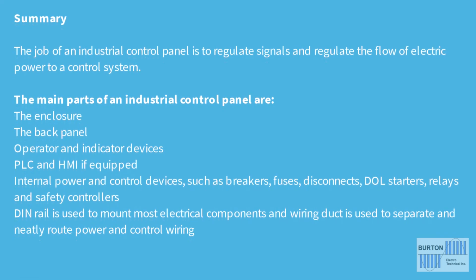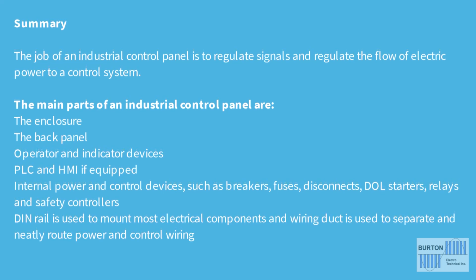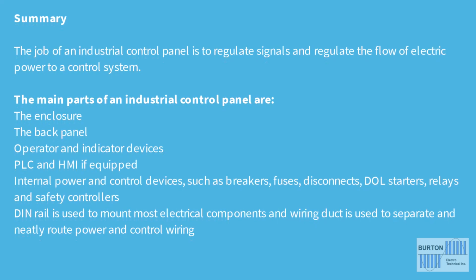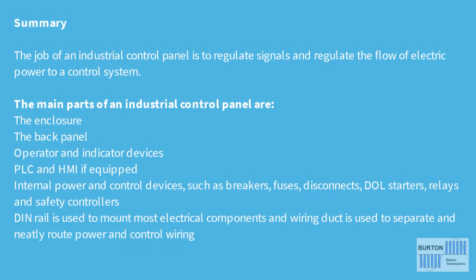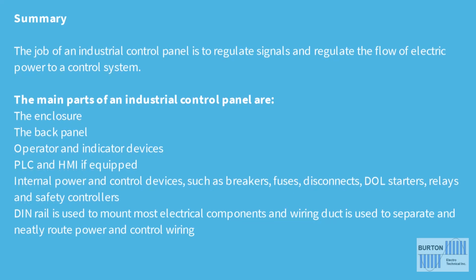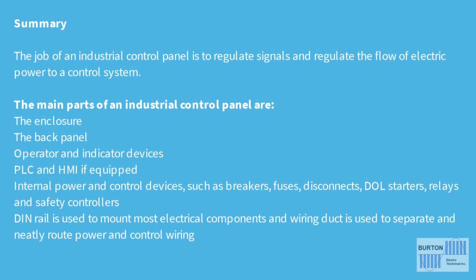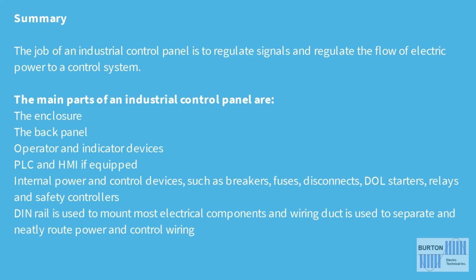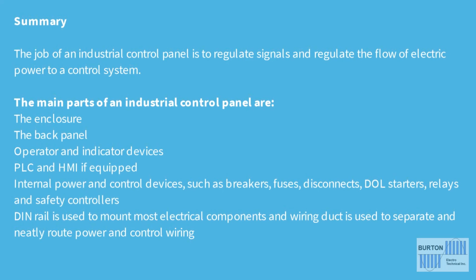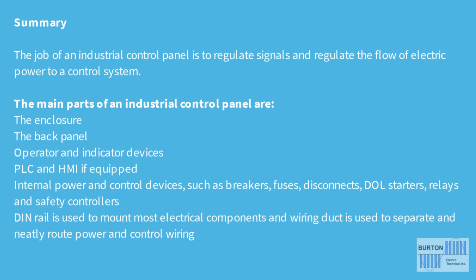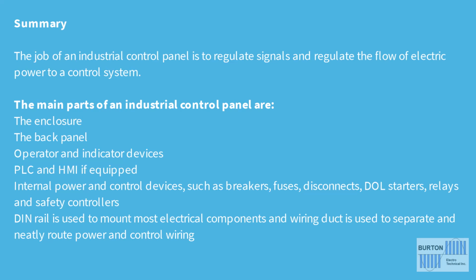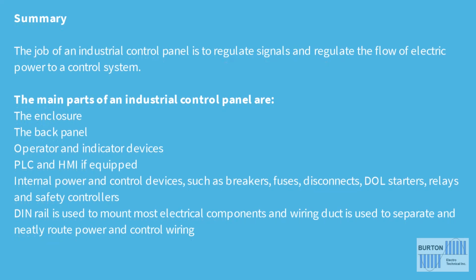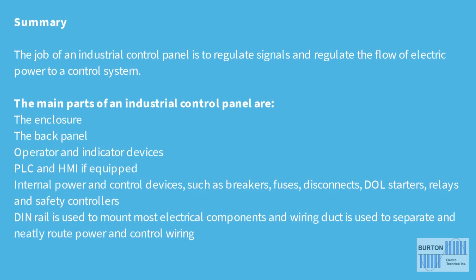The main parts of an industrial control panel are the enclosure, the back panel, operator and indicator devices, PLC and HMI if equipped, internal power and control devices such as breakers, fuses, disconnects, DOL starters, relays, and safety controllers. DIN rail is used to mount most electrical components, and wiring duct is used to separate and neatly route power and control wiring.